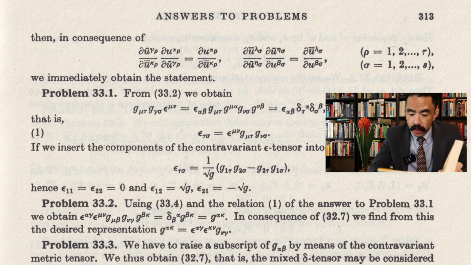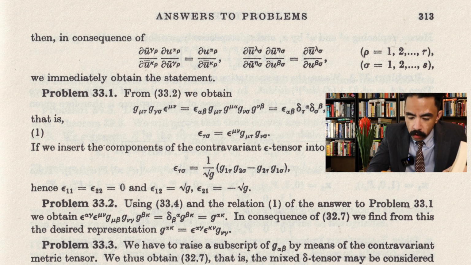Then, in consequence of the following relations for these given partial derivatives, partial u over bar gamma sub rho partial u double over bar kappa sub rho times partial u alpha sub rho partial u over bar gamma sub rho equals partial u alpha sub rho partial u double over bar kappa sub rho.